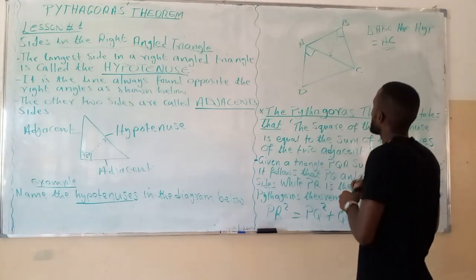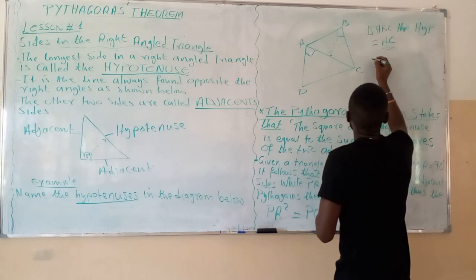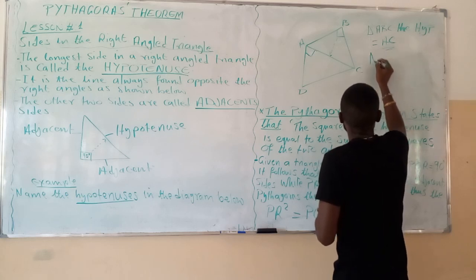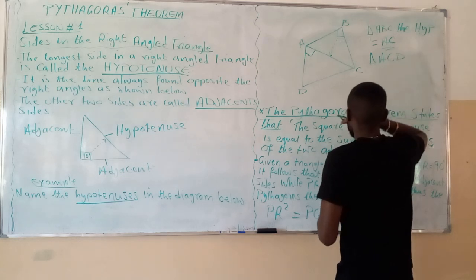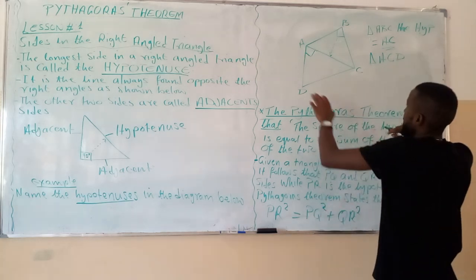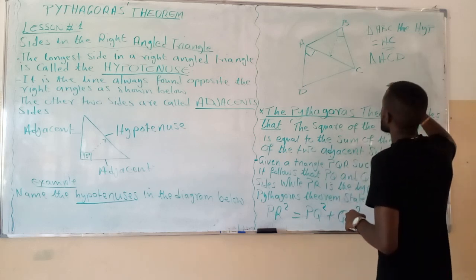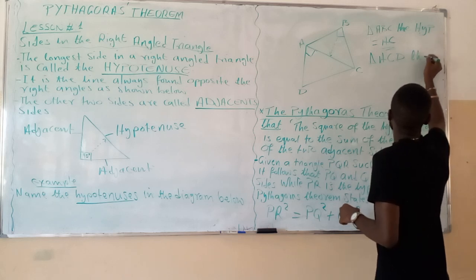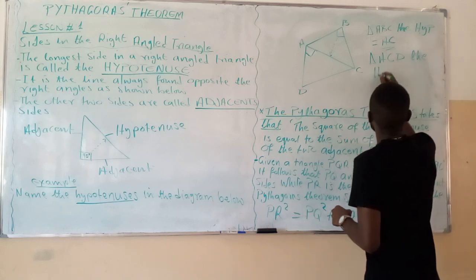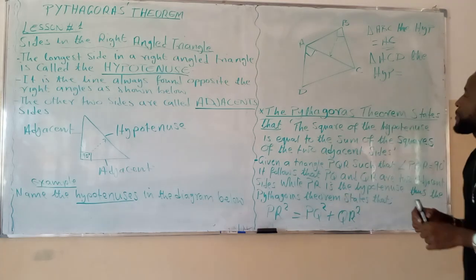Now let us come to another triangle, which is ACD. Okay, ACD. Now, for ACD, the hypotenuse here, again we can abbreviate it as HYP, is equal to what? What is the side of the hypotenuse?